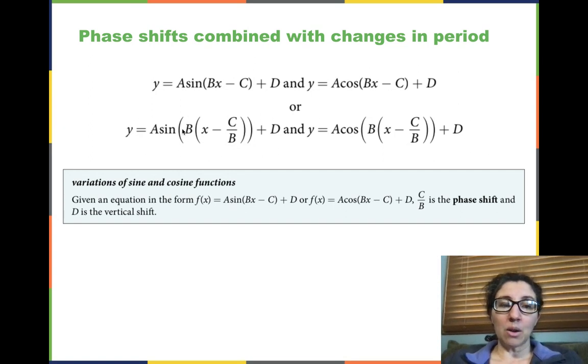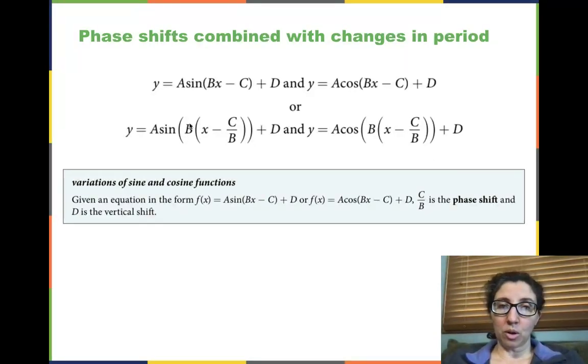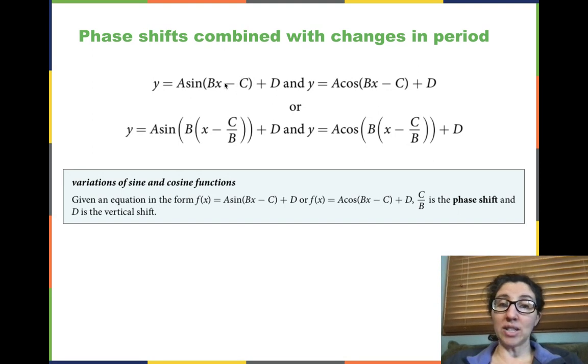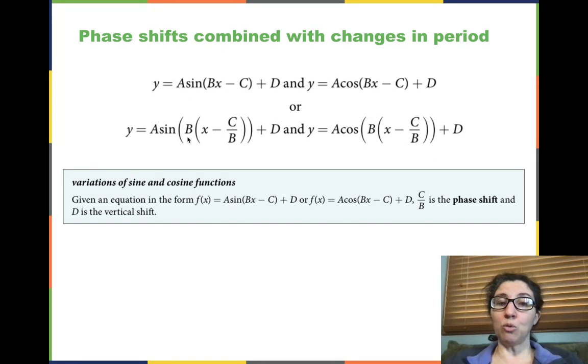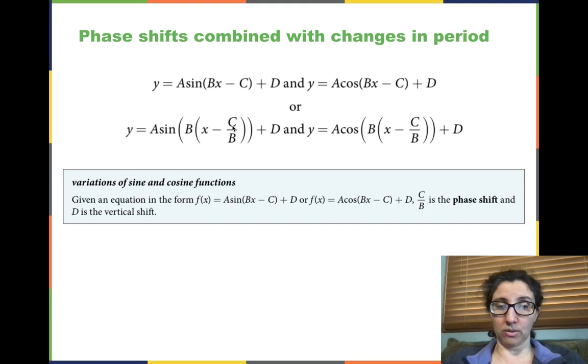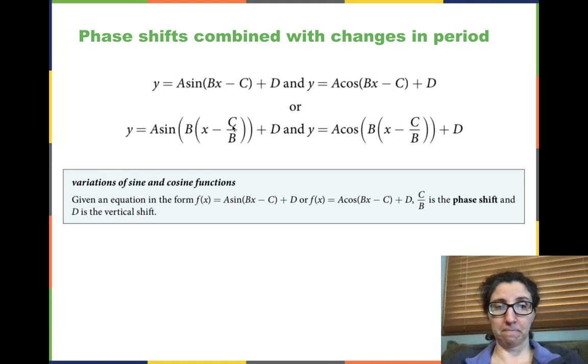This is now your B value to figure out your period, and this is what your phase shift, your horizontal shift, is going to be. If you just say it's C, that's wrong. You have to factor this B value out first, and then look at this, and this is going to be your horizontal shift.